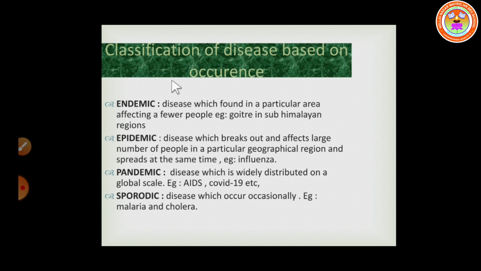Example is the occurrence of goiter in sub-Himalayan regions. So this is called endemic disease. An epidemic disease breaks out and affects a large number of people in a particular geographical region and spreads at the same time. Example, influenza.